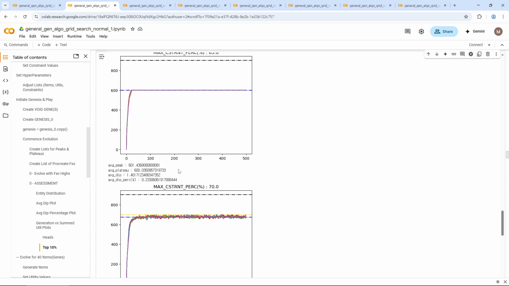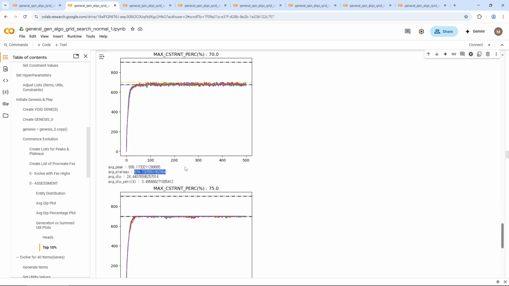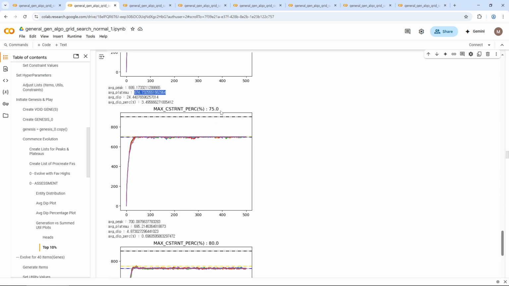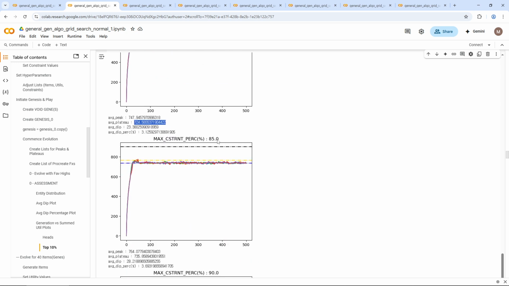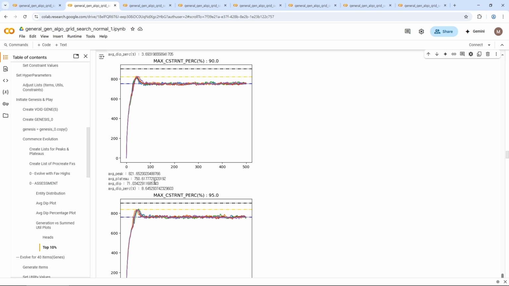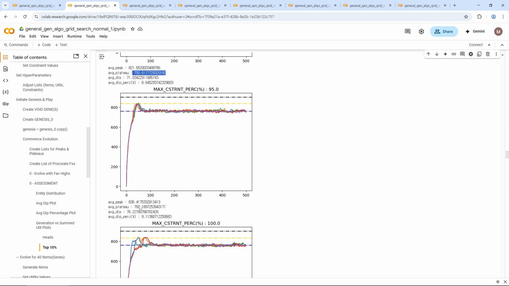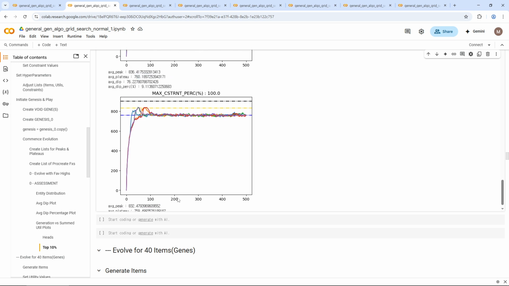At 65%, it is at 600, 70%, 674, 75%, 695, 80%, 724, 85%, 735, 90%, 750, 95%, 760, 100%, 759.